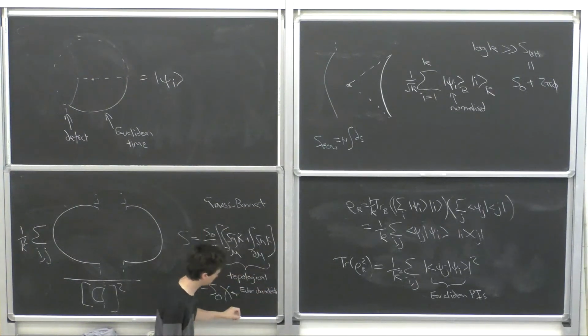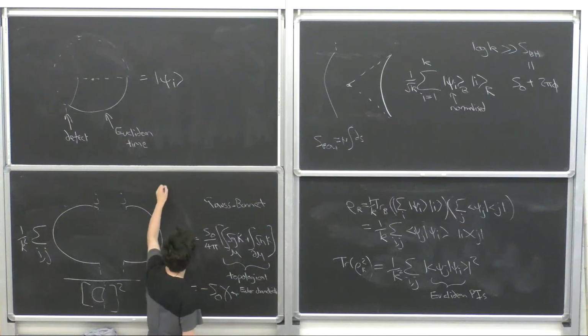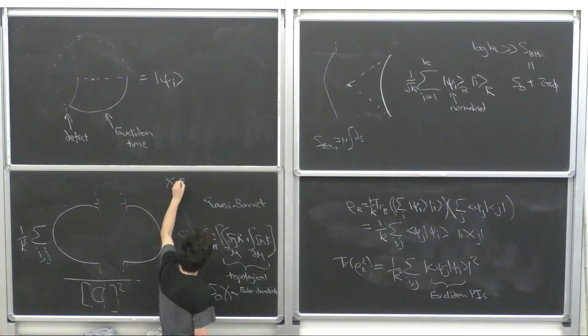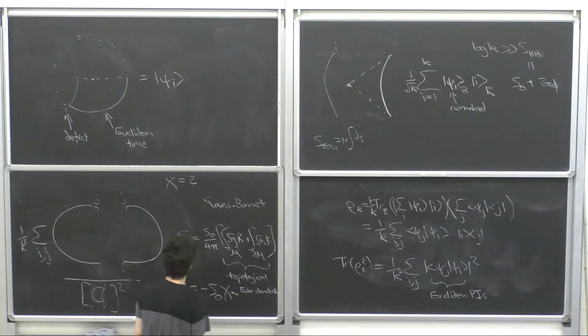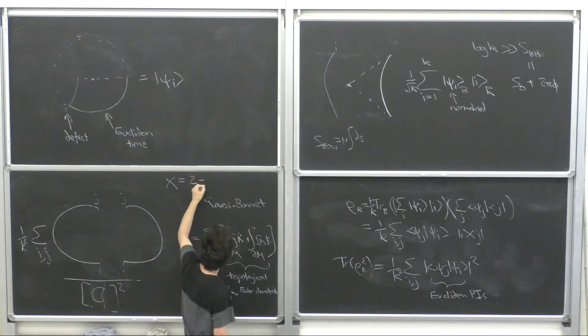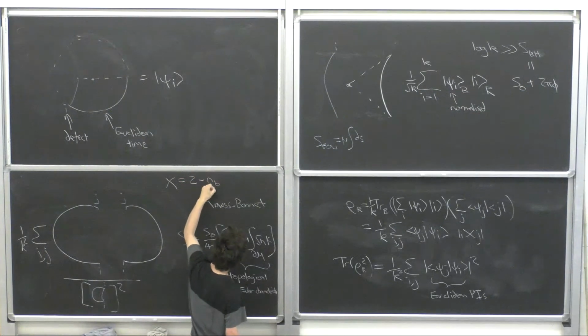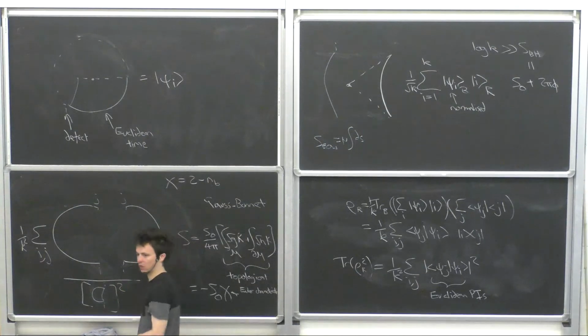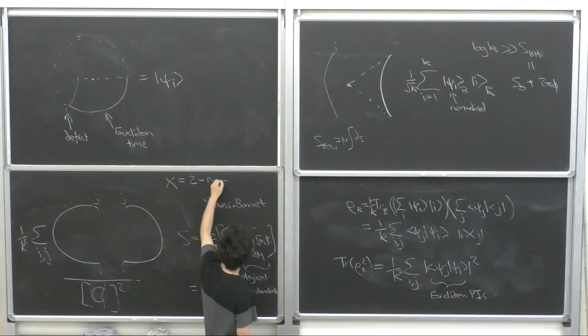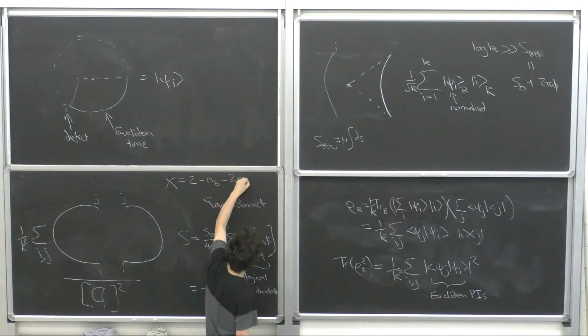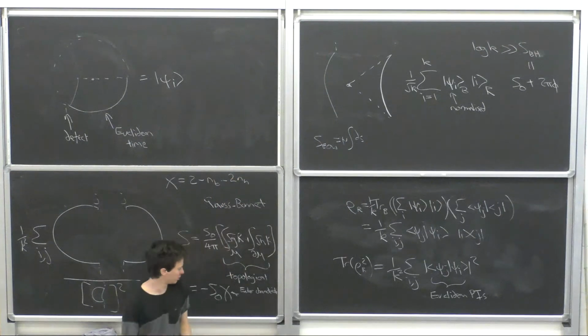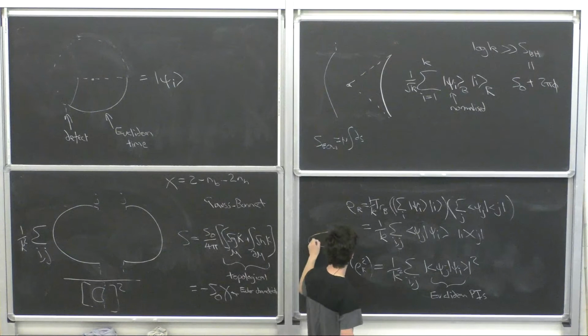In particular, chi is equal for any 2D manifold to 2 minus the number of boundary components, minus 2 times the number of handles. Okay, so a handle is just like, take something and make a little connection through here.